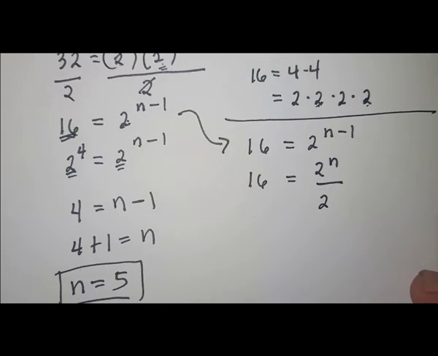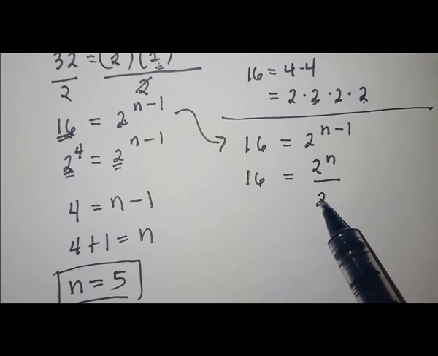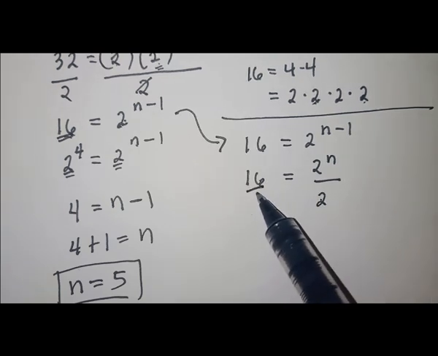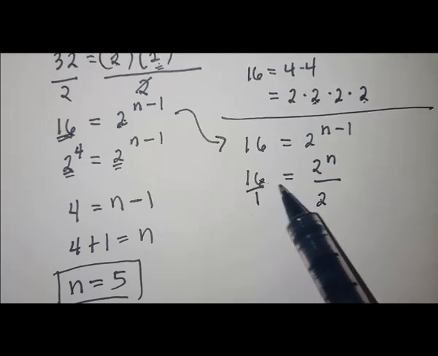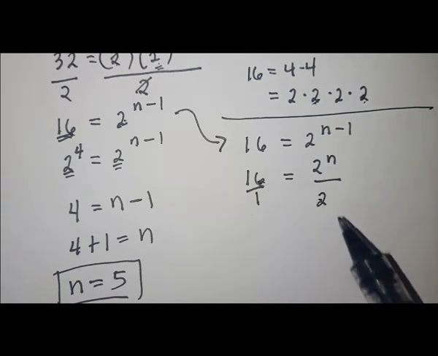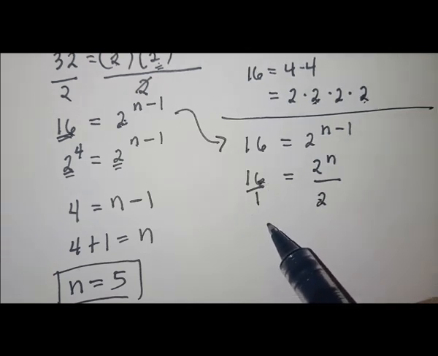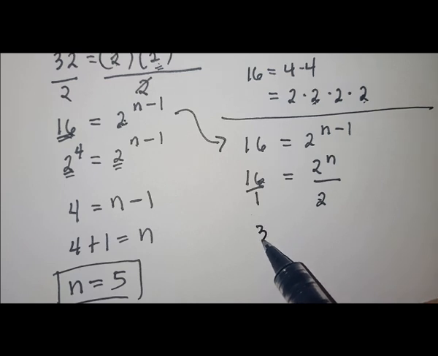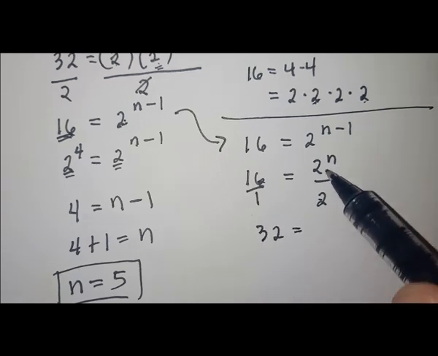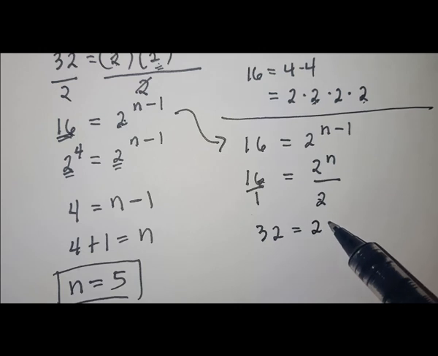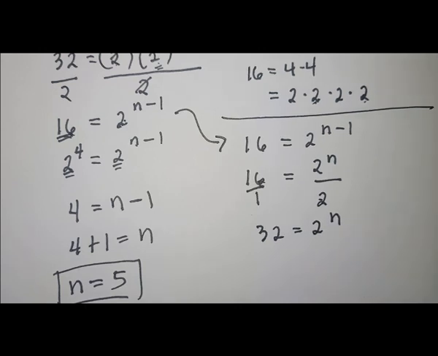So, ngayon, pwede tayong mag-cross multiply. Alam natin na ang denominator nito ay 1. So, cross multiply tayo, 16 times 2, meron tayong 32 equals 2 times 1, 2 raised to n.